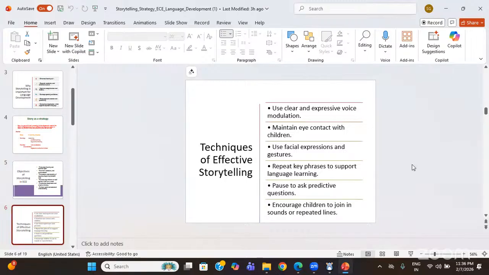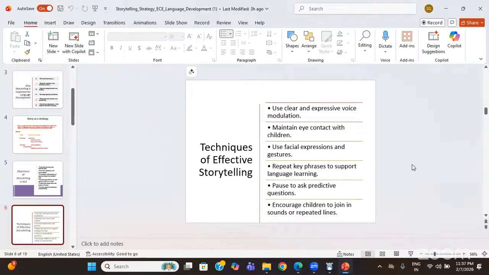And then now coming to the important point. It is not enough if you introduce a story in only one way, just making them listen. I am telling the story, you just listen to the story. No, that is not enough.